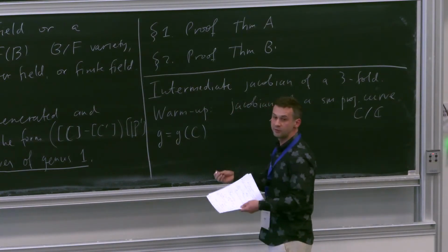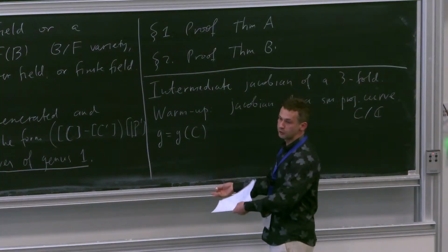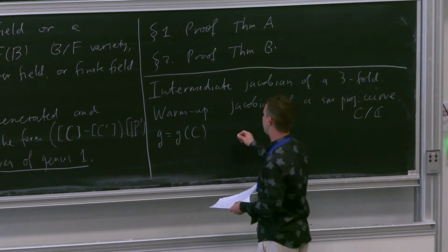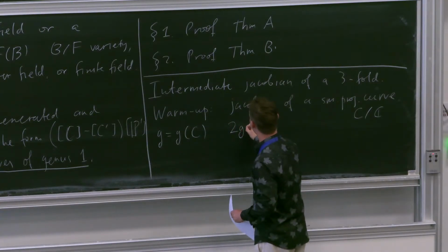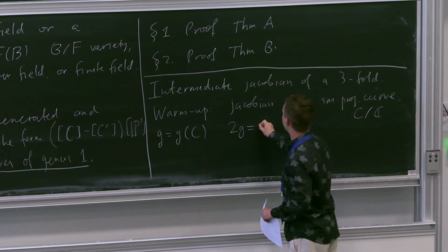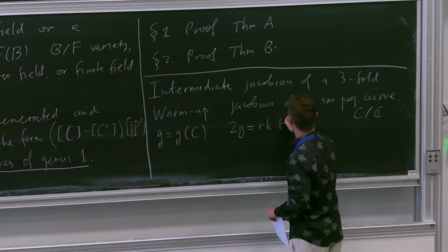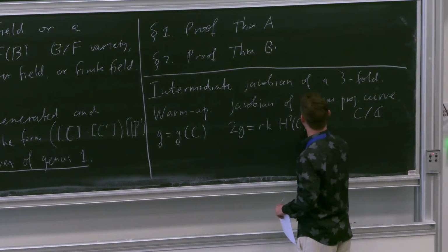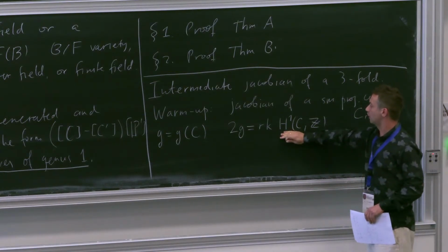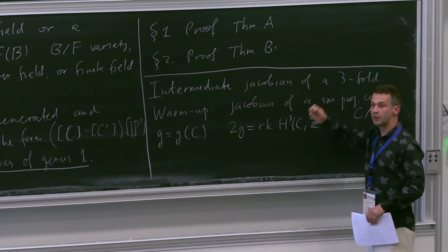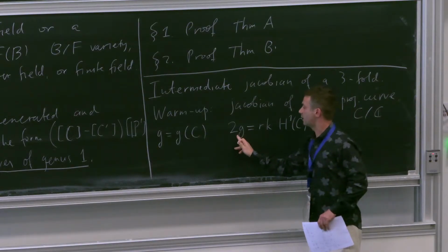And there are kind of two definitions of genus. One topological, the other algebro-geometric. And topologically, we can say that 2g is equal to the rank of the first integral cohomology of the curve. So if I look at topological cohomology, there are g handles, and the Betti number here is 2g.